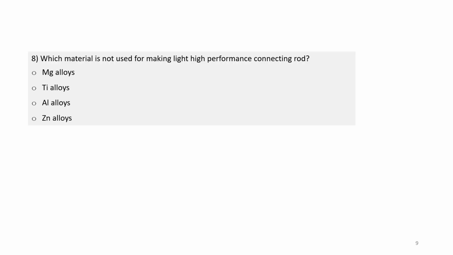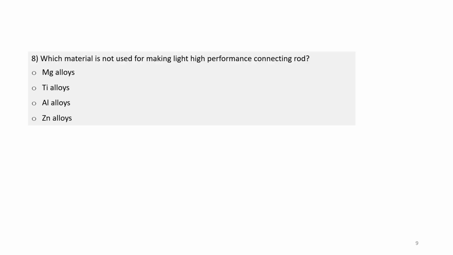The next question is, which material is not used for making a light, high performance connecting rod? Connecting rods need good fatigue resistance, and the options given are magnesium alloys, titanium alloys, aluminum alloys and zinc alloys.